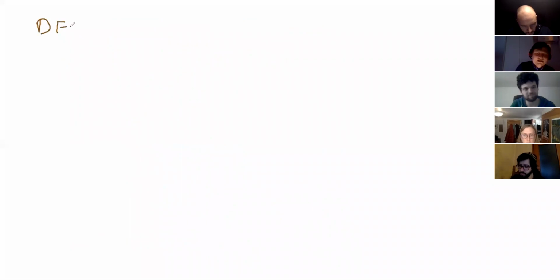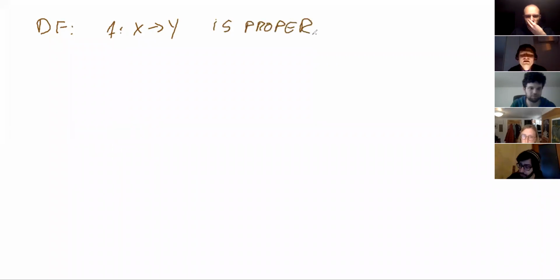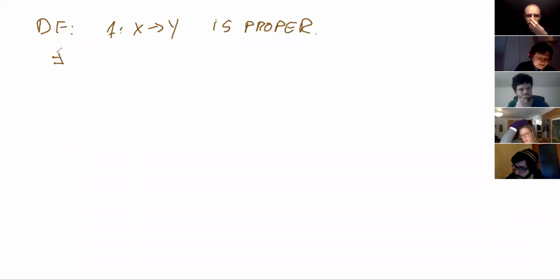Okay. So now there are two very important operations on Chow rings when you have a map of varieties. The first one, for this, we assume that f is proper. And then there is a morphism of groups.